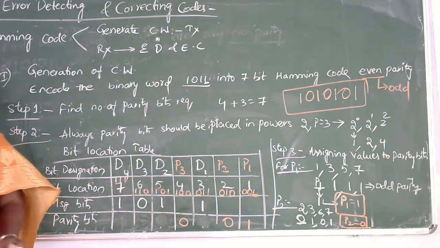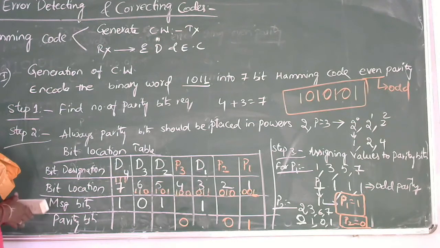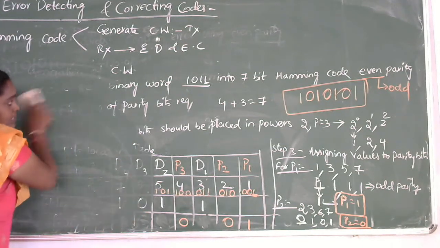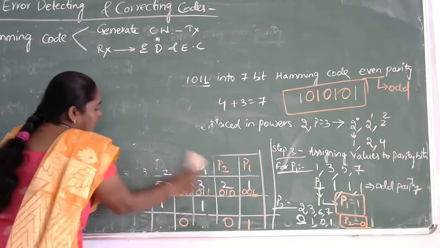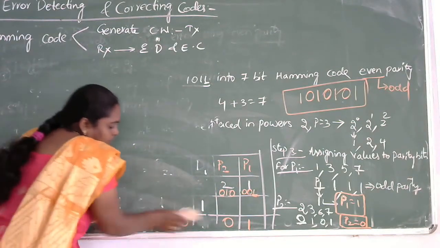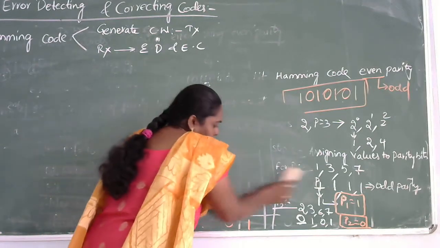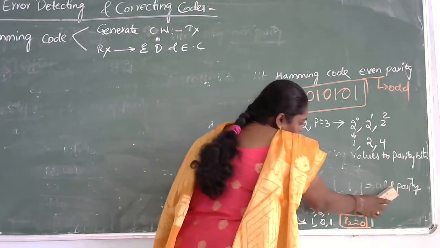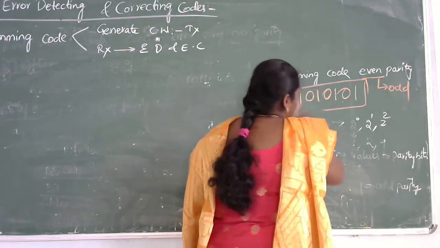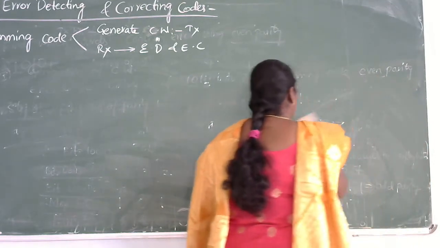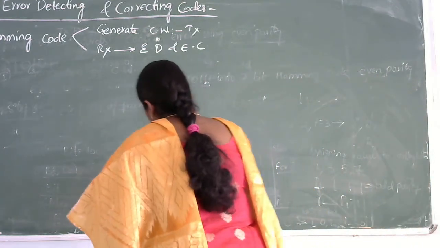Now let us see the next step, that is how to detect and how to correct an error. Before going to this, I'll summarize this generation of a code word. Step 1 is we need to find out how many parity bits are required. The formula for finding the parity bits required is 2 power p greater than or equal to x plus p plus 1.